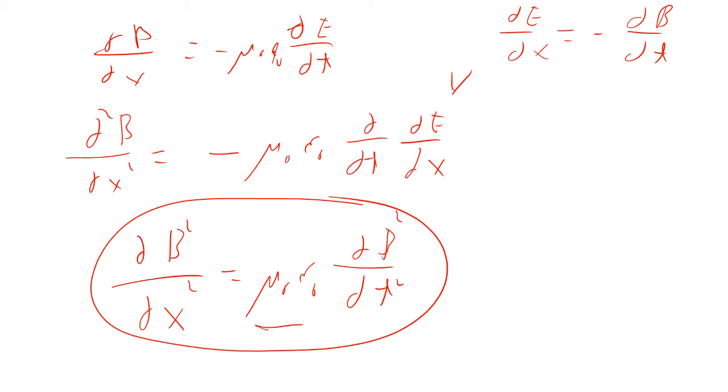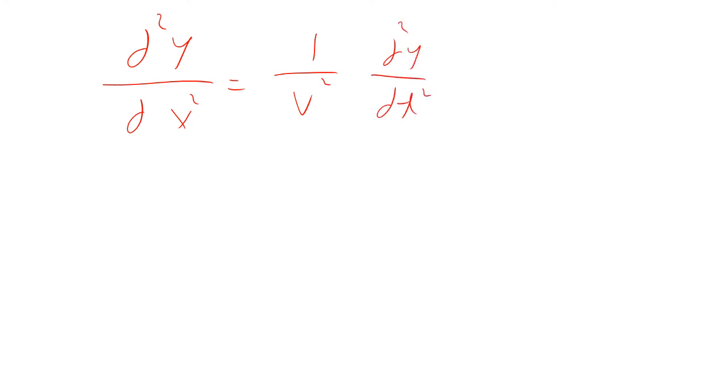Now remember from physics 1, the second derivative of y with respect to x squared was equal to minus 1 over v squared times the second derivative of y with respect to time squared. This defined a wave equation. It meant that y was some y naught sine of omega t plus or minus kx. So this defined a wave, and so the speed of the wave was that.